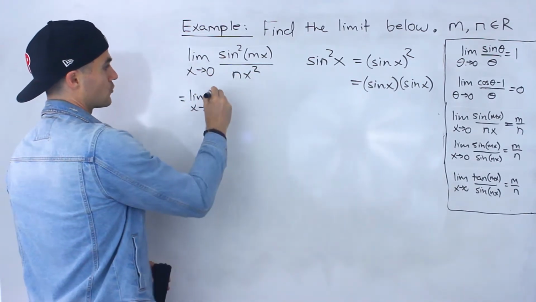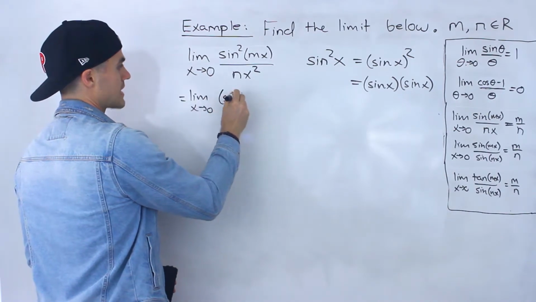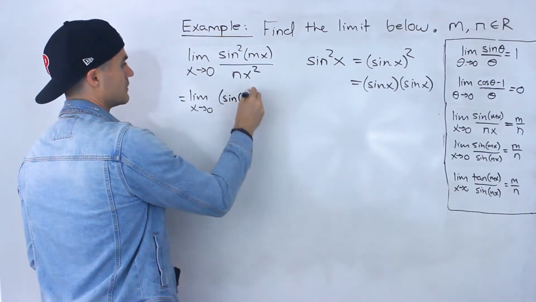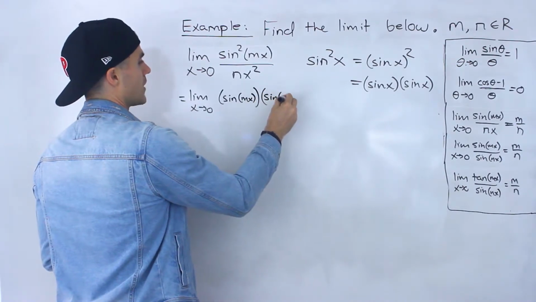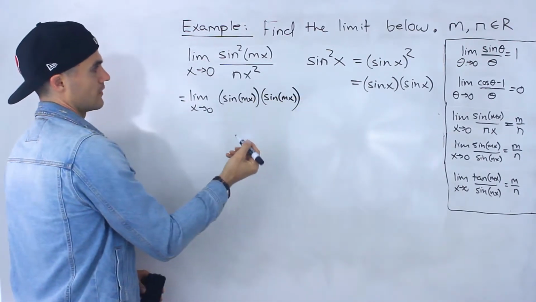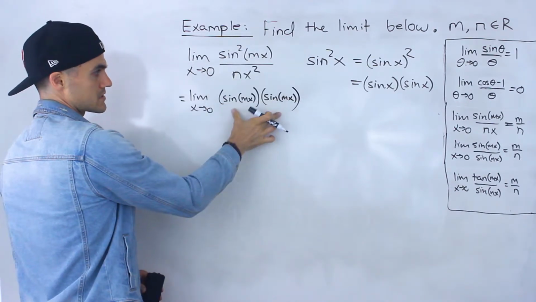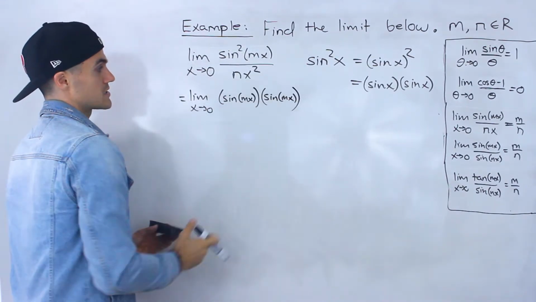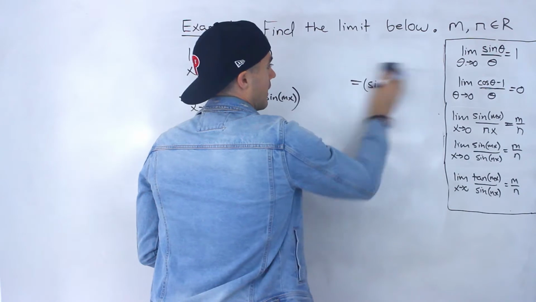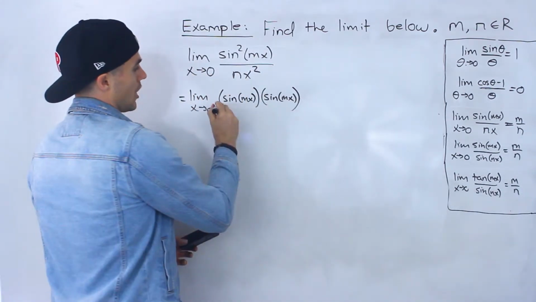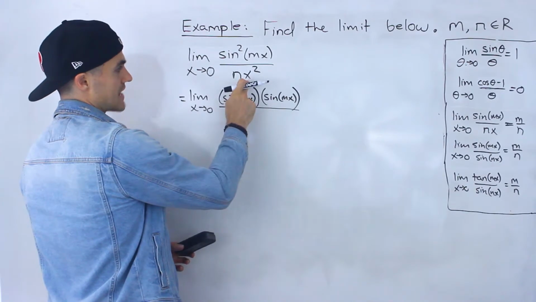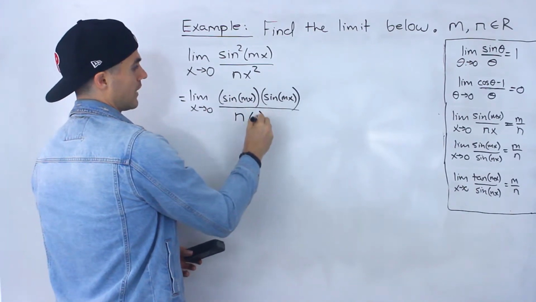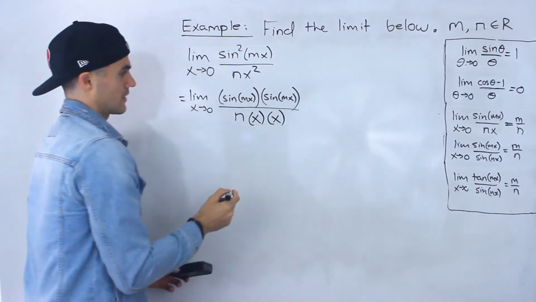So what I'm going to do here is rewrite this numerator as sine mx times sine mx. Right? Took that sine squared mx, changed it to this. Both mean the same thing. And then in the denominator, I'm going to take this x squared and write it twice as well.